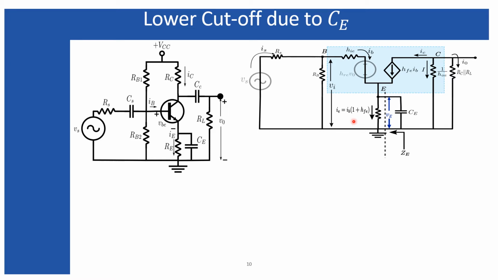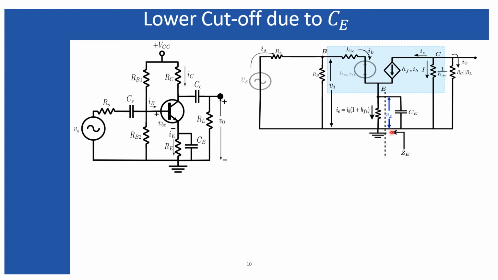So these two currents define the emitter current. And finally, the expression I have obtained in my earlier lectures, that is IE is equal to IB times (1 plus hFE). So one IB is coming from the base terminal, and IB times hFE is coming from this terminal. But now what I'm going to find out is the equivalent impedance which should associate with this CE, because I'm going to find out the lower cutoff frequency due to this CE.